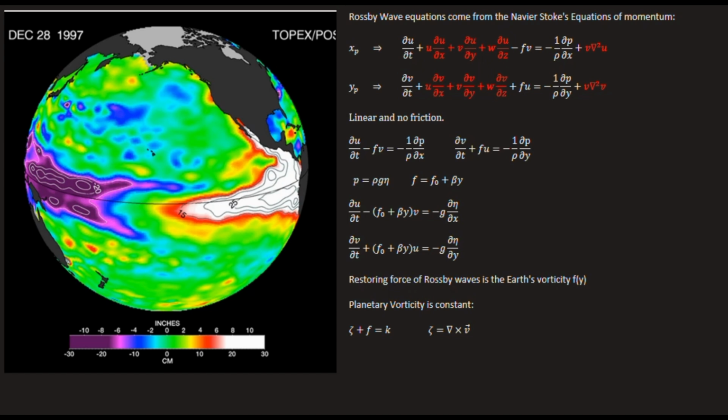If we have a wave that expands into any bit of the latitude in the north direction, it's going to have a clockwise effect on it, which is a restoring force from the planet's vorticity, because the planet is spinning. There's this restoring force on the wave as it goes further north that has a clockwise rotation on the wave. And then the opposite is true as we go south, it has a counterclockwise rotation.